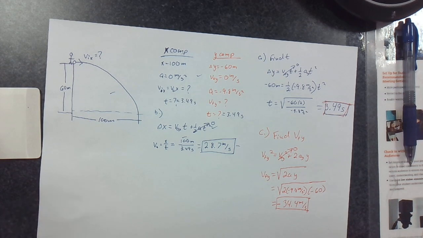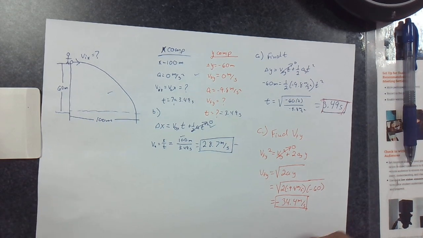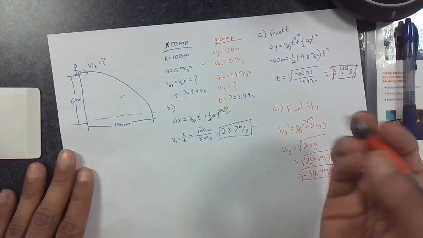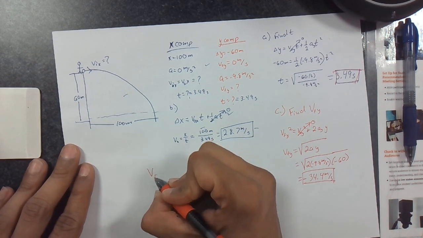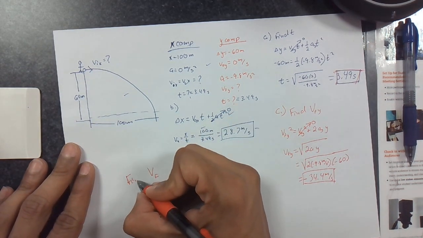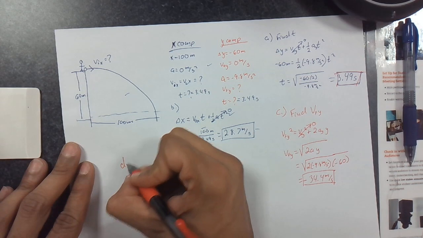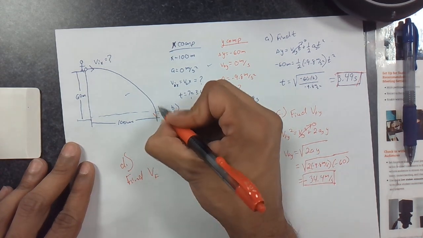And then the last thing, what is the velocity of the ball just before it hits the ground? So we're looking for the VF. This part D, as it hits the ground, VF.